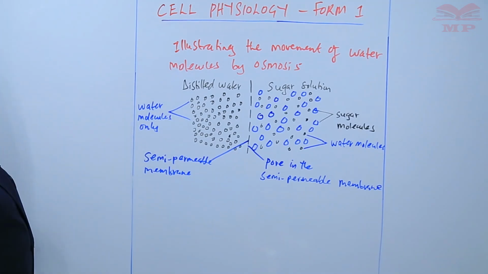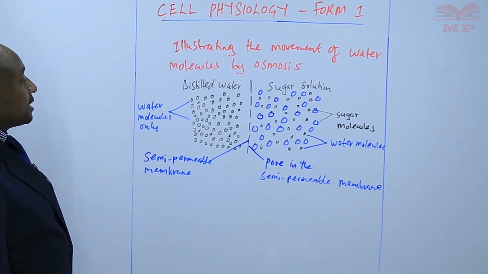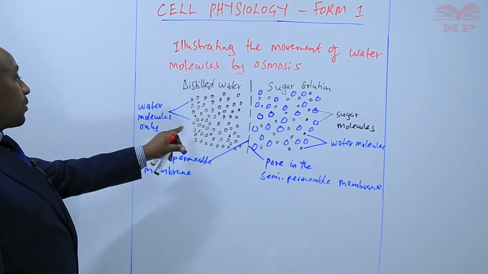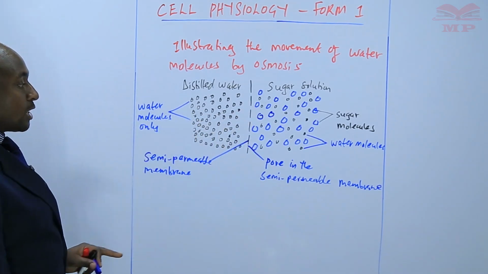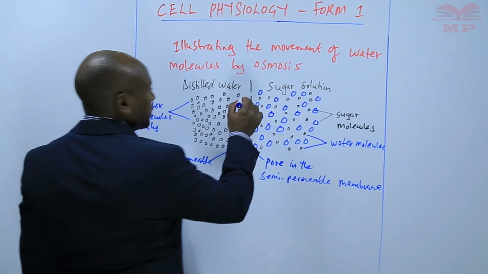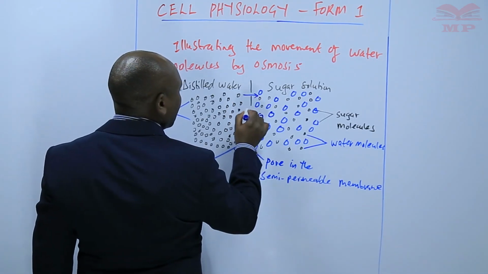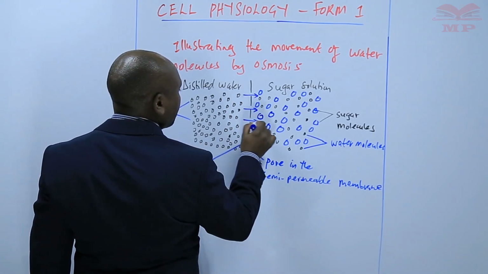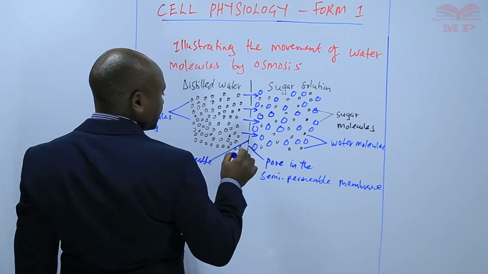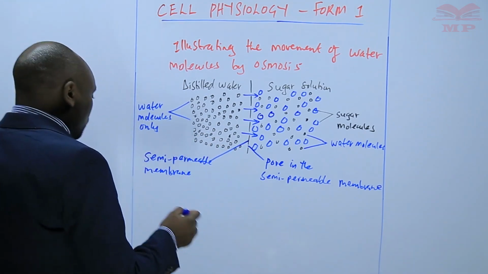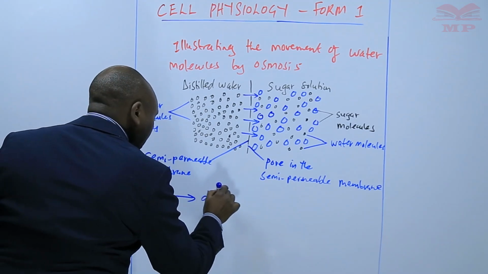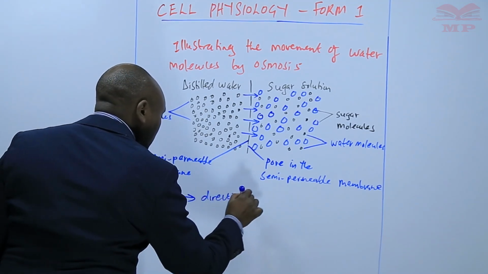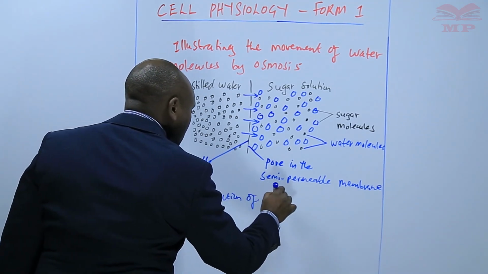So in this case, we are saying that osmosis will take place from where the water molecules are in high concentration to where the water molecules are in low concentration. So the direction of osmosis is like that. So the arrow shows the direction of osmosis.